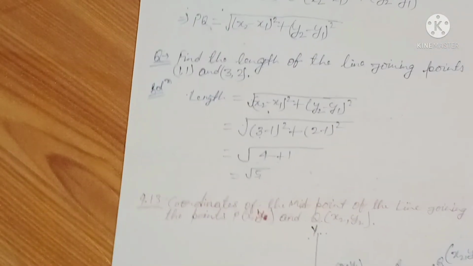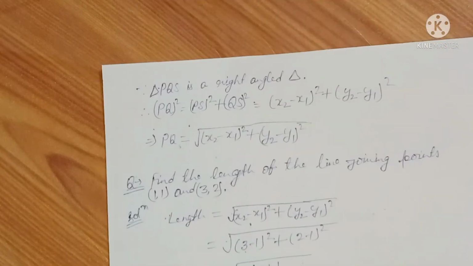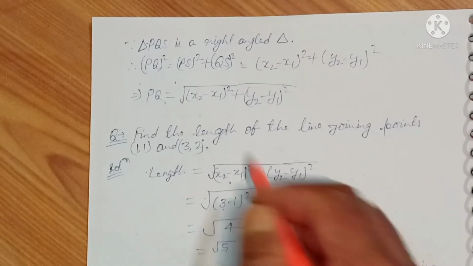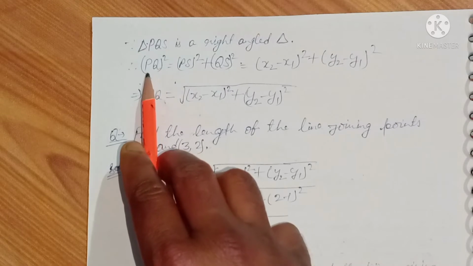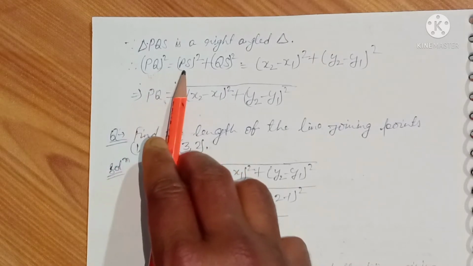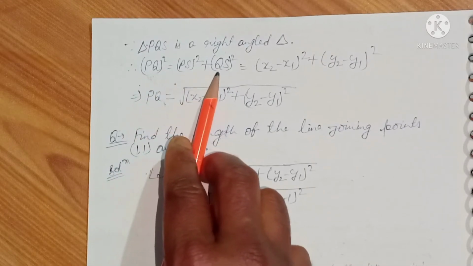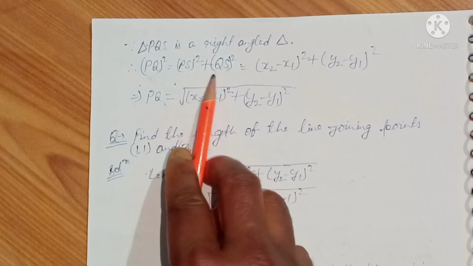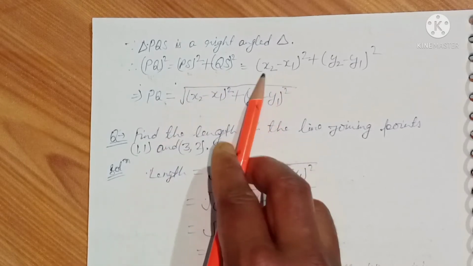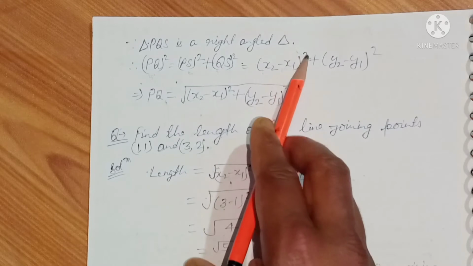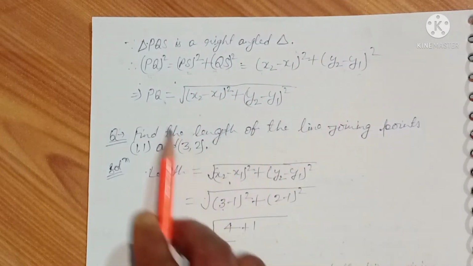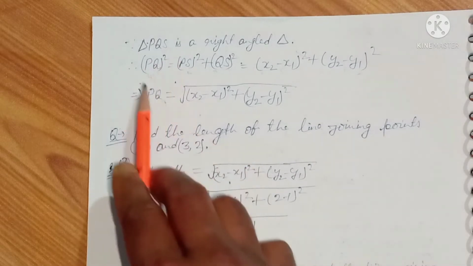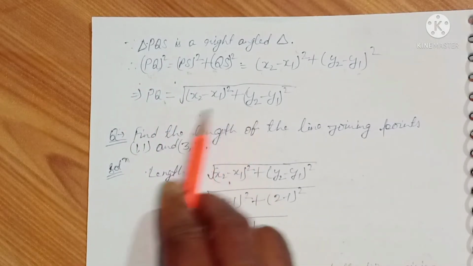And now, by using the Pythagorean rule, since PQS is a right angle triangle, by the Pythagoras rule we can write hypotenuse square equals base square plus perpendicular square. Base PS we already got as x2 minus x1, squared, plus QS we got as y2 minus y1, squared. If we remove this square, we will get the square root of this.